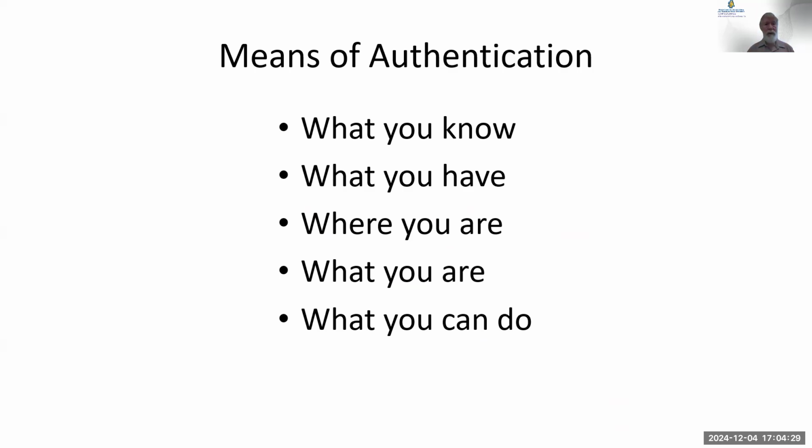You can't from off campus. What you are, that's biometrics. Biometrics measures all sorts of things, fingerprints, iris, retinas, that determine, is this really you? And then what you can do, there are little tests to see if you can do something that other people have a hard time reproducing.